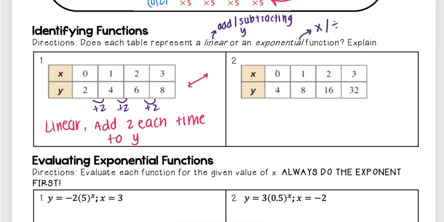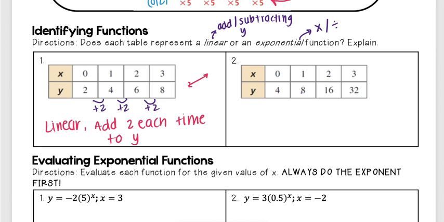For my next table, I see I go 4 to 8 to 16 to 32. So I can first check and see if I'm adding each time. To get from 4 to 8, I add 4. 8 to 16, I'm adding 8, so it's not linear. But now I can see, is there something I'm multiplying by each time?